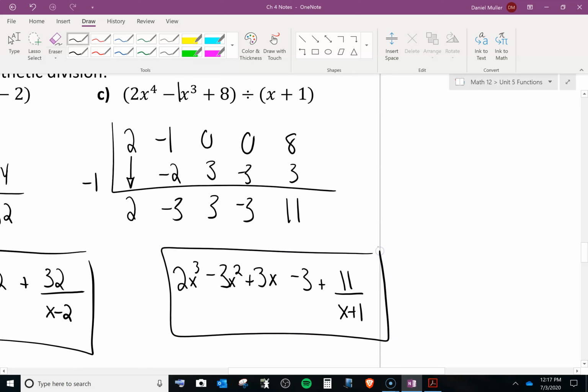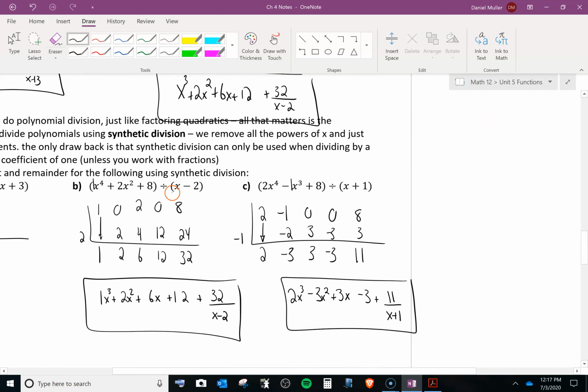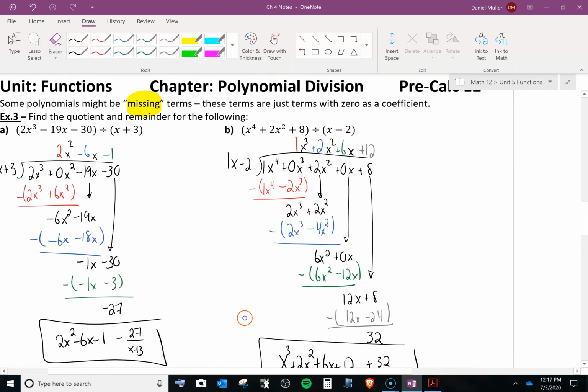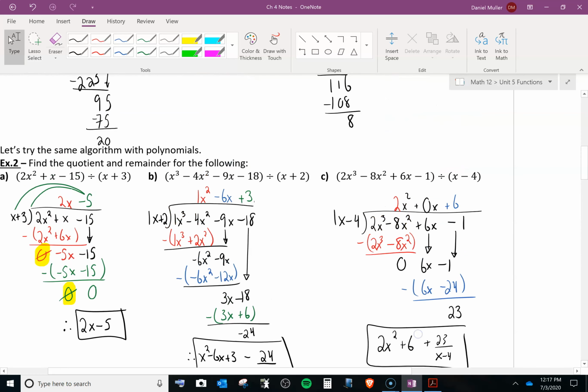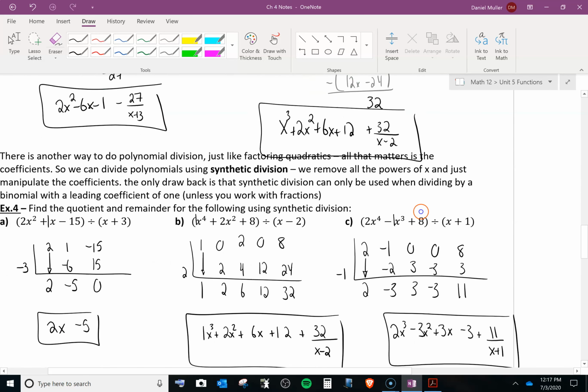So that is synthetic division. Again, it only works when we have an x plus 1. It doesn't work when we have things like 2x minus 3 or something like that. But if you notice, all of these here are just x plus 1, x minus 2, x plus 3. Up here, x plus 3, x minus 2. They're all just single x's. x minus 4, x plus 2, x plus 3. So they're all single x's.